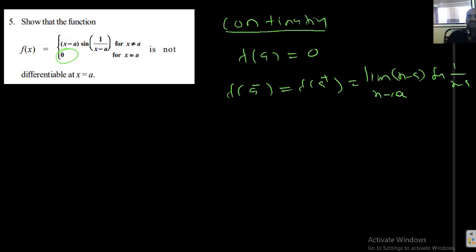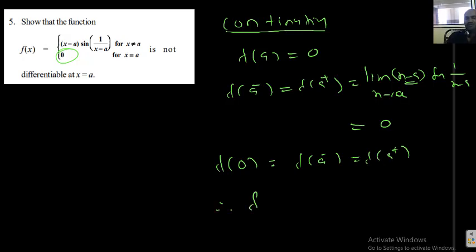Students listen, x tending to a means x minus a tending to 0, and sine 1 by 0 oscillates between minus 1 and 1. With x minus a tending to 0, 0 into a finite value is totally 0. So f of a equals f of a minus equals f of a plus, therefore f is continuous at x equal to a.